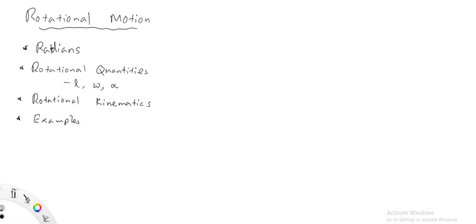If you measure some distance along the perimeter of a rotating object, or if you measure the rotating velocity or the rotational acceleration, so for every linear kinematic quantity there's a rotational counterpart. So we're going to talk about that.